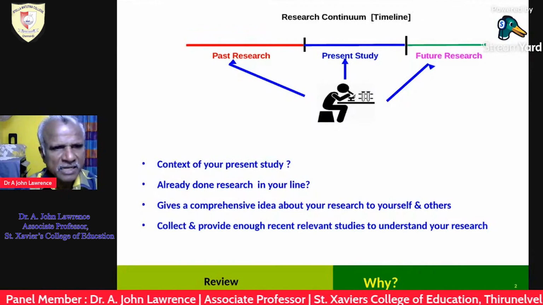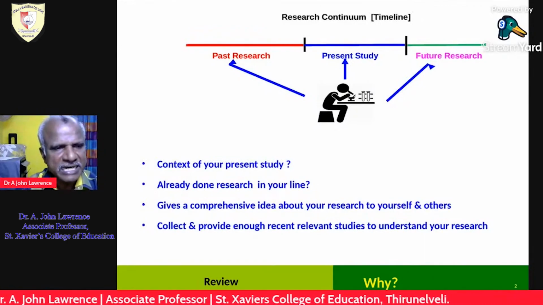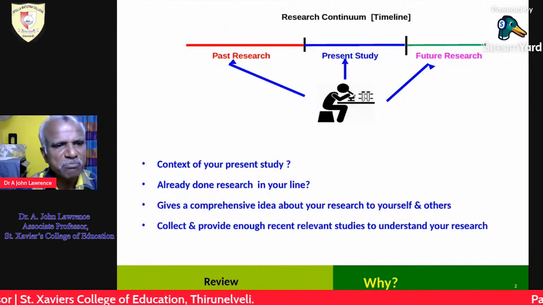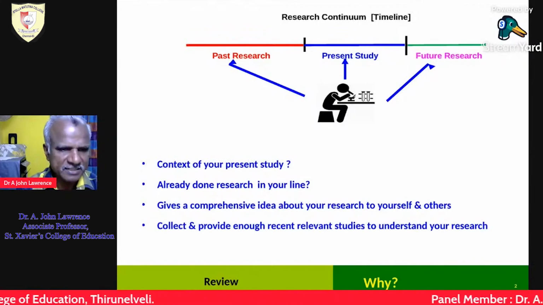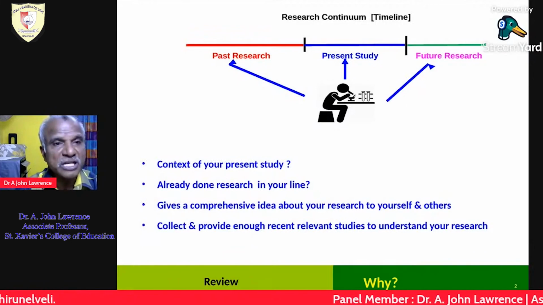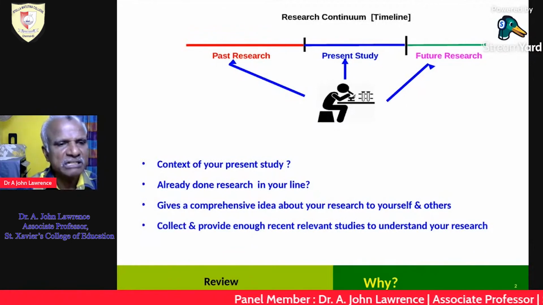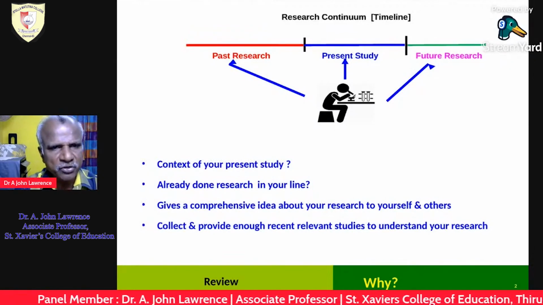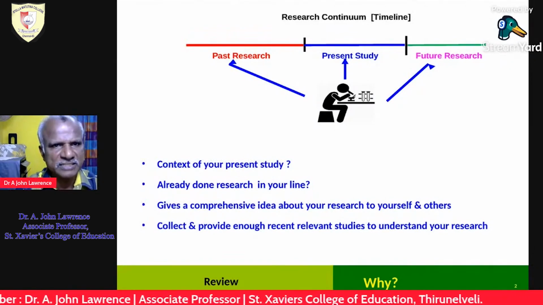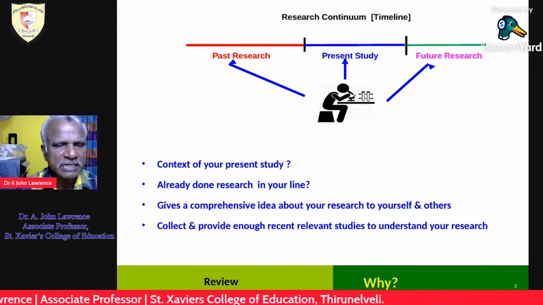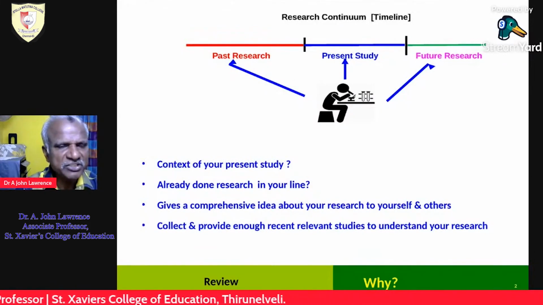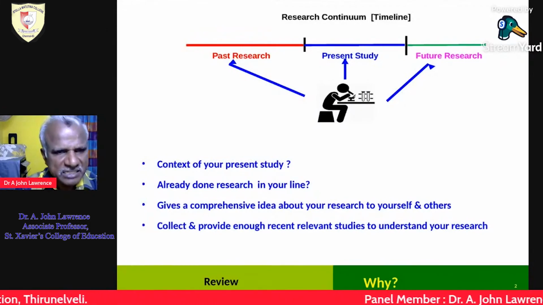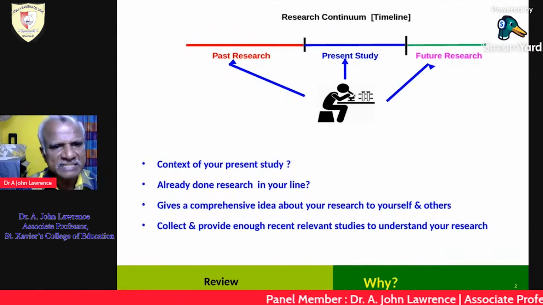At least partially related to that research, some researchers might have done work already in the past. And in future also, someone else will continue his or her research based on your research. Therefore, it is a continuous process, a continuum. Hence, there is a need to find what was done in the past so that it doesn't duplicate the previous research.